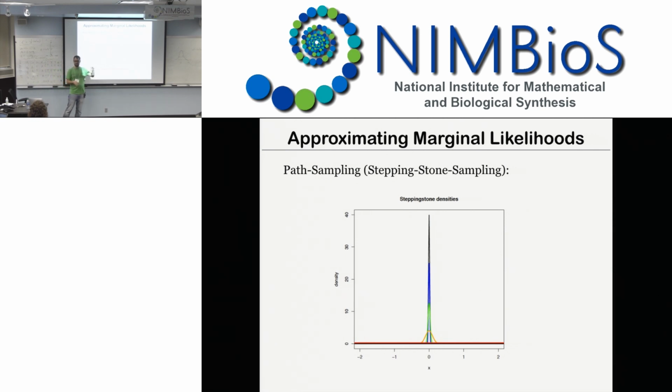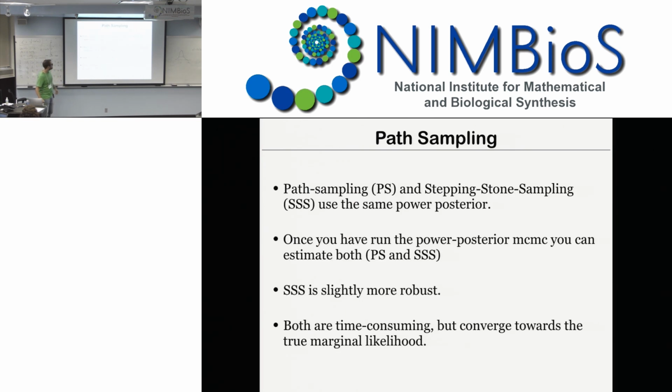Usually, for 20 or 50 or 100 different values of beta, you're running short MCMCs. You're combining all this output to then get a marginal likelihood estimate. All these algorithms are very computationally expensive, and that's why they are more difficult to use, especially on large data sets. But unfortunately, that's the best solution that is currently available.